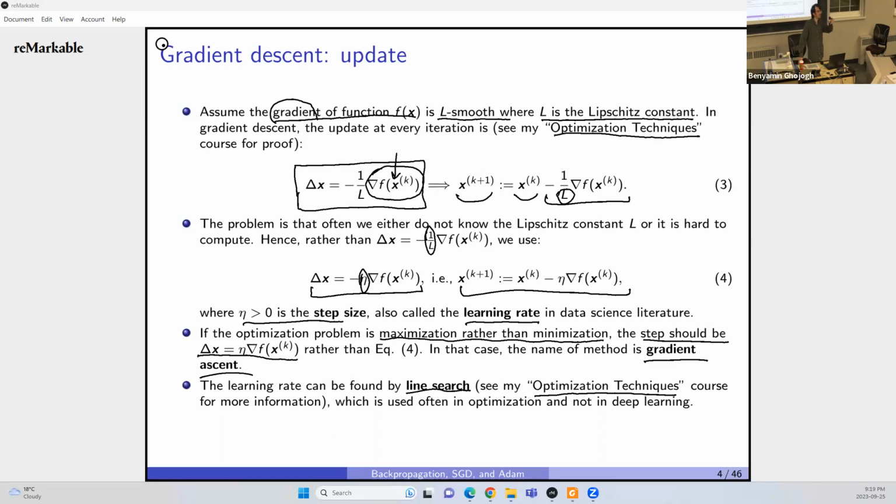Because the bigger the eta, the bigger my jump, and the faster I get closer to the optimization solution, to the minimum of the cost function. So the larger the eta, the faster my optimization converges. Therefore, I desire this eta to be big, but there is a trade-off.